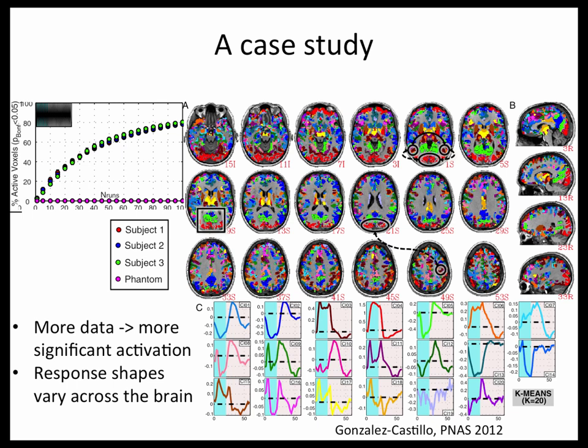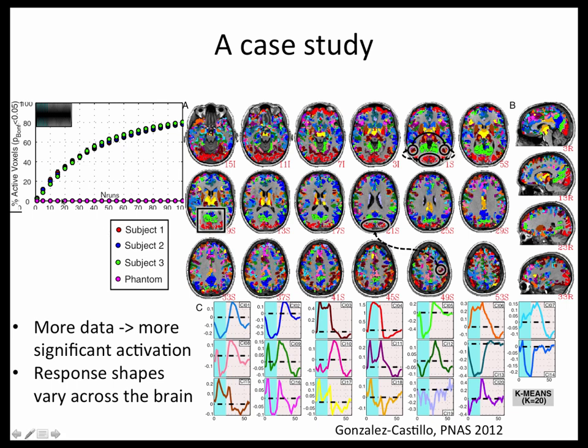As I always say, thank you to our amazing volunteers. Not only did they do it, it was really amazing. And what we found was that as you collect more and more data, the percent of voxels in the brain that become active just keeps going up and up and up without a plateau. So there is no asymptote. If you collect enough data, you will get the entire brain significantly active.